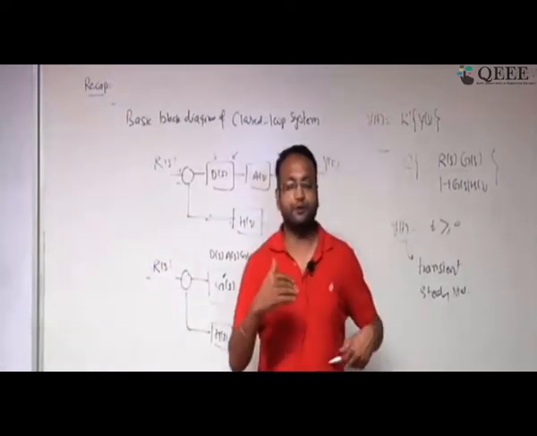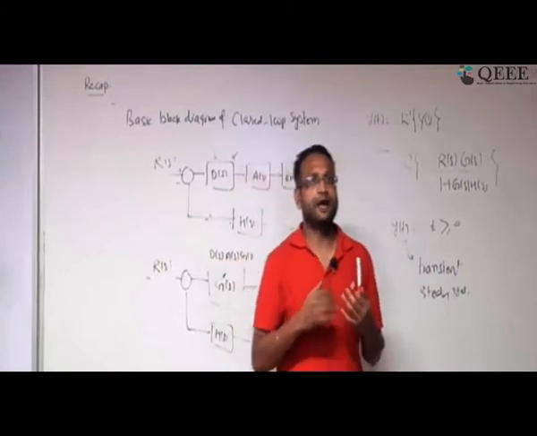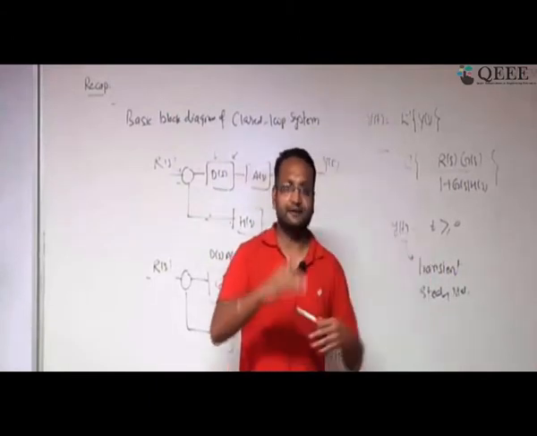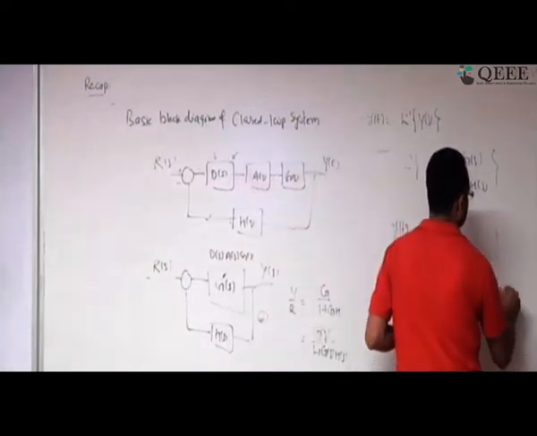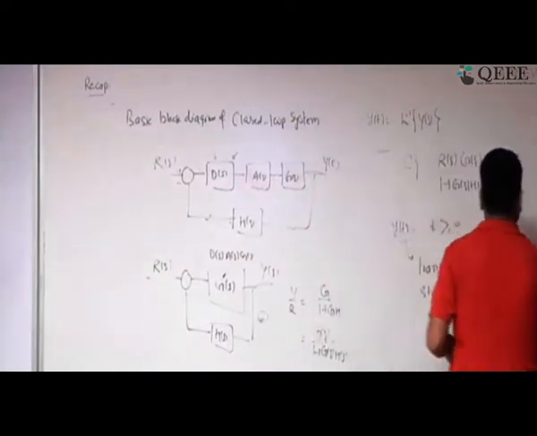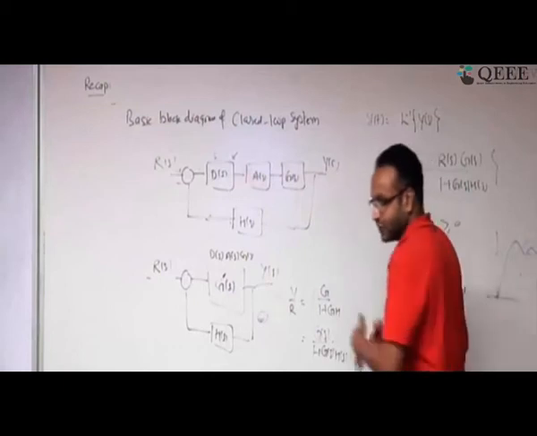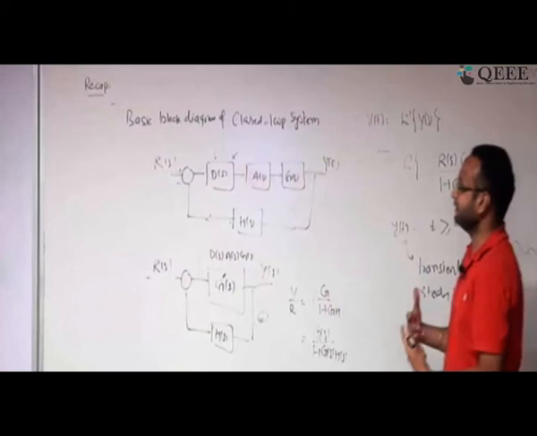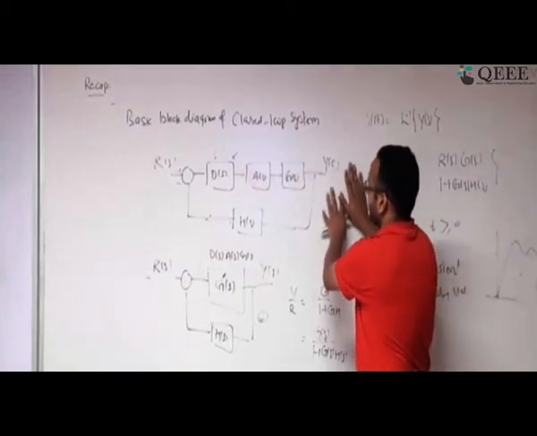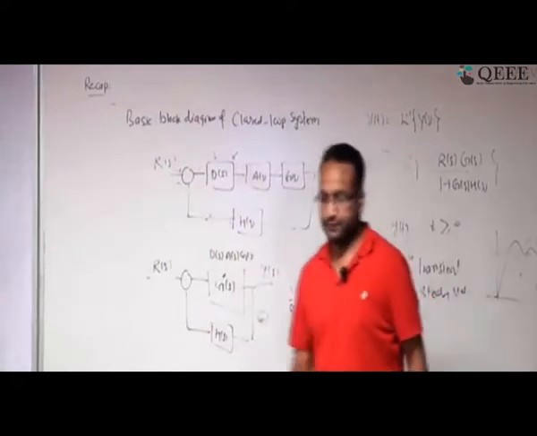As soon as you give some input to the system, whatever response you get, we call it the transient response, and as soon as the transient phenomenon ends, the steady state phenomenon starts. Typically the response looks like this. This is my transient behavior and this is my steady state behavior. So now we want to understand how this transient and steady state behavior varies for a control system under the influence of different controllers.